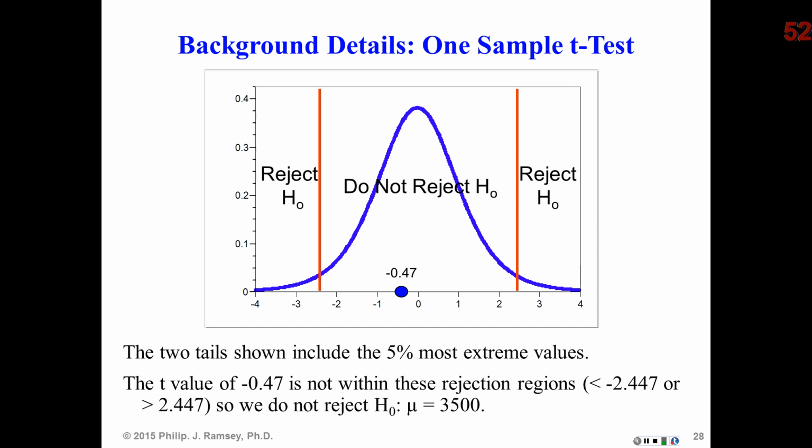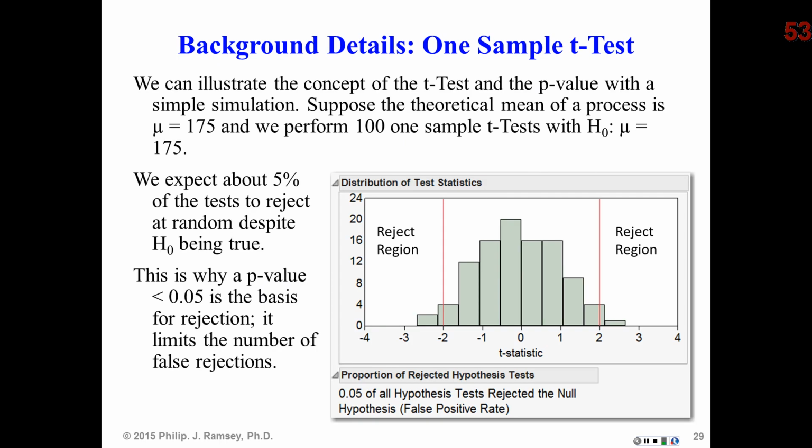So the p-value is actually measuring what percentage of the tail area of that student t curve would be more extreme than what we actually observed. So if it's under 0.05, we reject, meaning there's only a small probability we'd have observed a value that extreme under the null hypothesis. Okay. So basically what that tells you is there's a 5% risk that I could reject the null hypothesis in error.